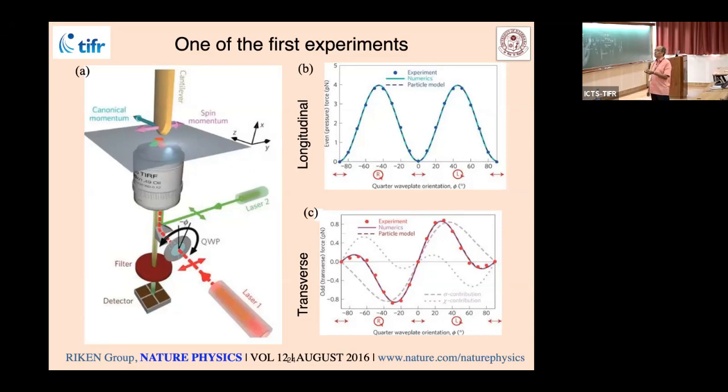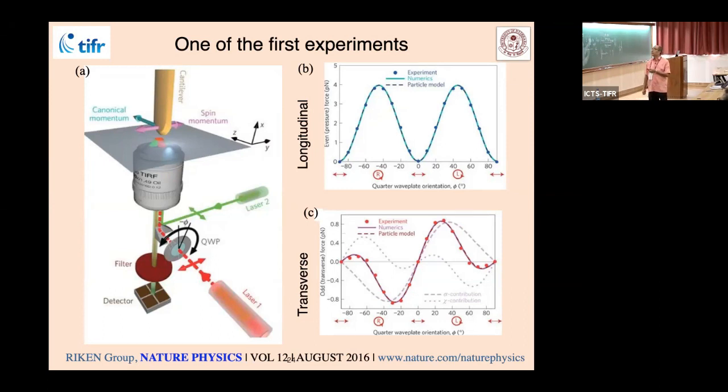The polarization state of the incident light, which was controlling all this momentum, they changed using a quarter wave plate from -45 degree to +45 degree. Right circular polarization they have at -45 degree, left circular at +45 degree. When they changed the state of polarization from right to left circular, there was no change in the direction of the force acting in the longitudinal direction.